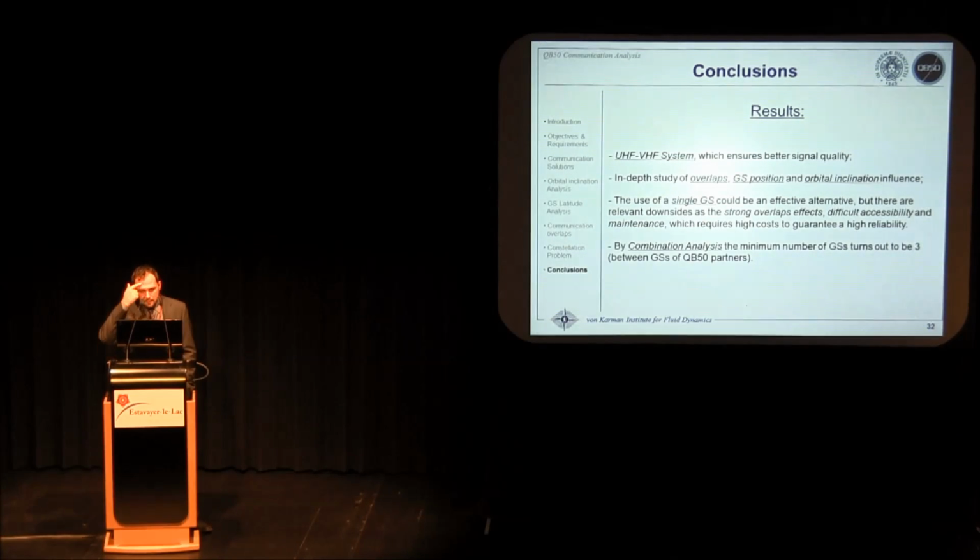And it was also interesting to investigate the behavior of a single ground station at very high latitudes, but it has some downsides, like the strong overlaps effect, and it's also difficult to reach, so we have difficulties in accessibility and maintenance, which increase the cost of the mission. So the cost of the mission stays down with the use of the 3 ground stations of QB50 partners.